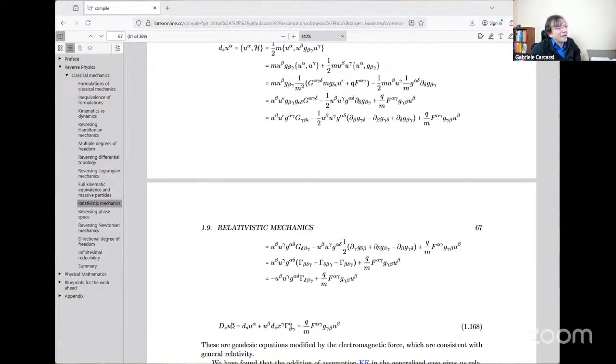And if you use the covariant derivative definition, this part is just this part. So you get exactly the equations of motion on curved space-time that you would use in differential geometry and in general relativity.